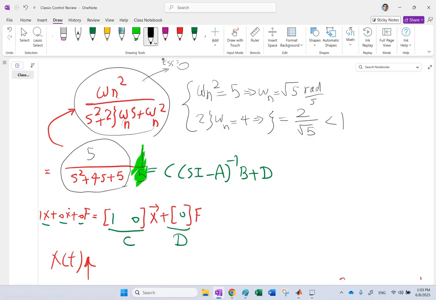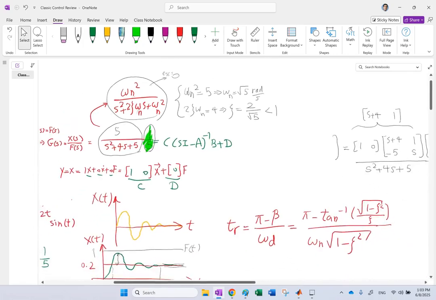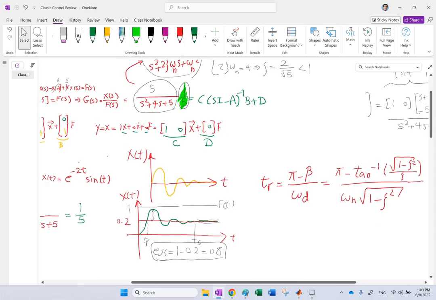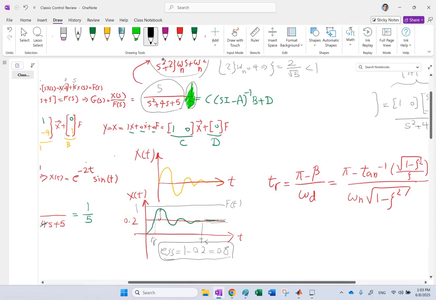In this system, the output would go to 1 over 5 or 0.2. That 1 over 5 is exactly this ratio that you have behind the transfer function. So that constant is causing the output to not converge to 1, but converge to 1 over 5 times 1, which is 0.2, and therefore you have a steady state error.